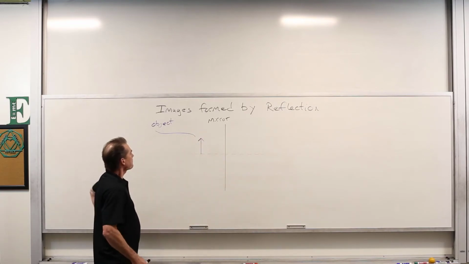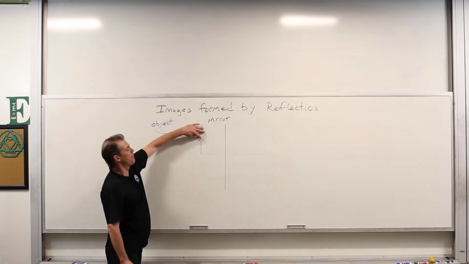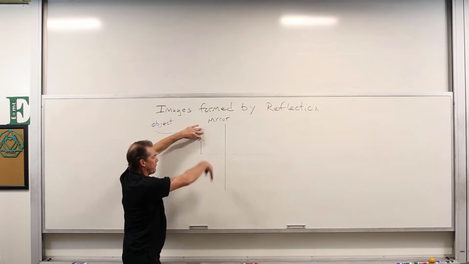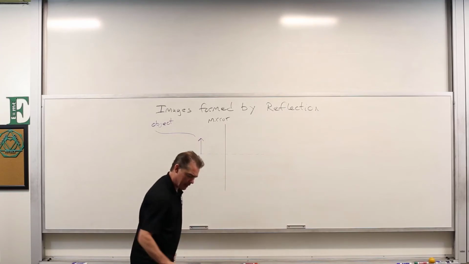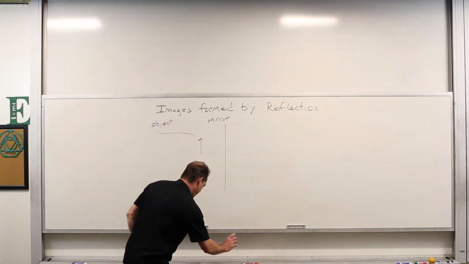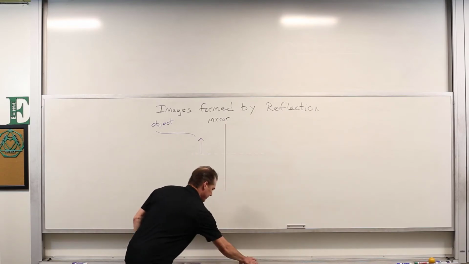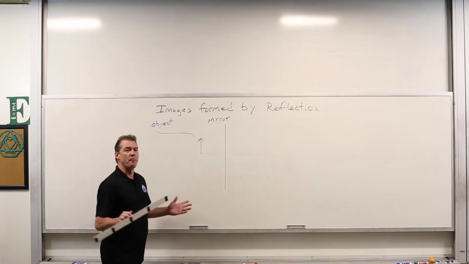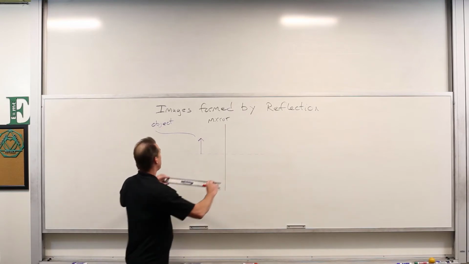and it's just nice to be able to look at. So what we're going to do is look at light emanating from the tip of this object and see how that light interacts with this mirror, reflecting off of the mirror. So let's use blue. All right, so we're going to look at some paths of light to see what they do in terms of reflecting off.